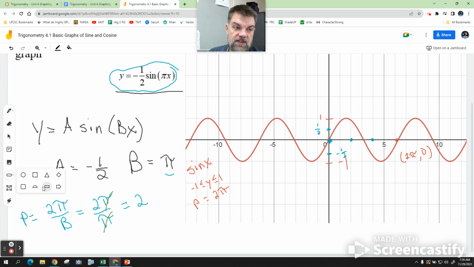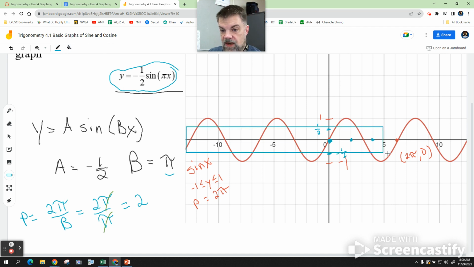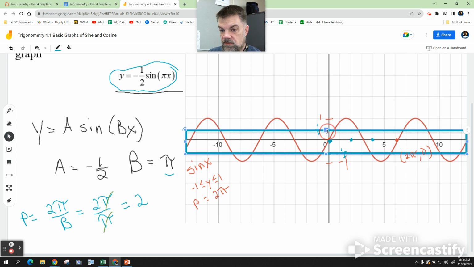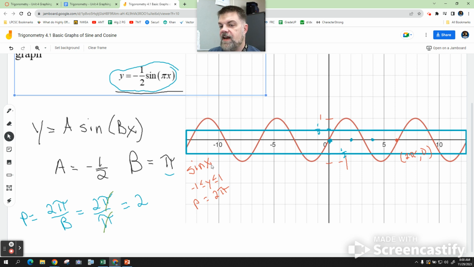So I'm going to sketch out a little thing here. It has to fit in this window, and I'll fine-tune this. That's kind of like my guide, okay? It has to fit in that window, and then I'll delete it, and you'll see what I'm talking about. But this is what you have to think in your head.